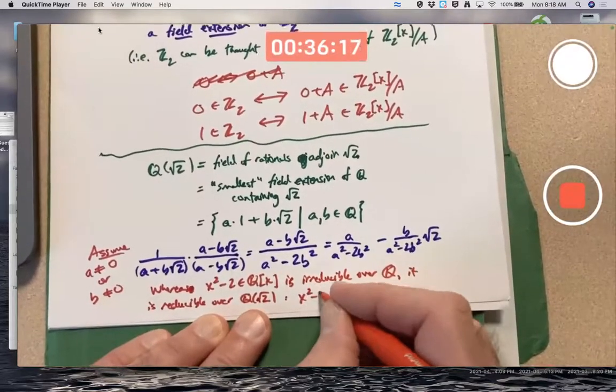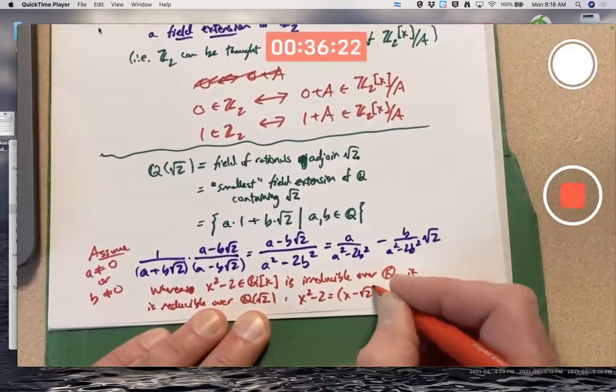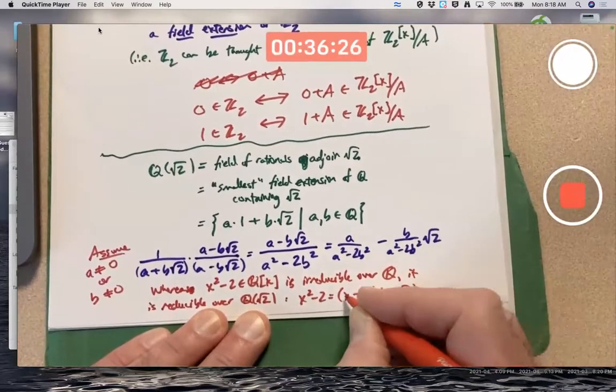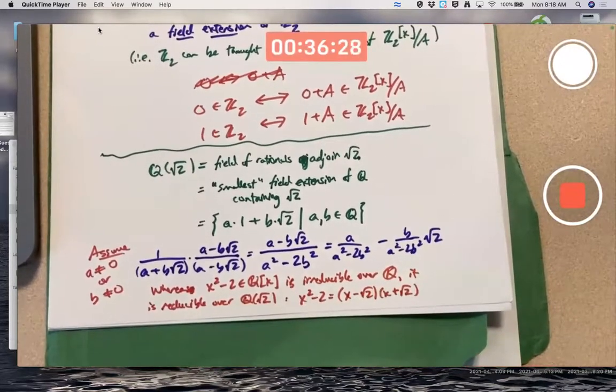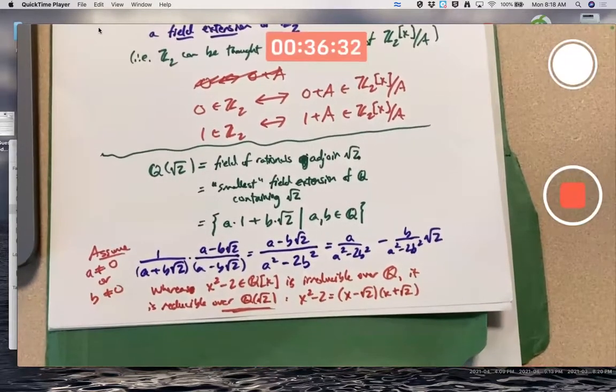X squared minus 2 can be factored as x minus square root of 2 times x plus square root of 2, over that field.